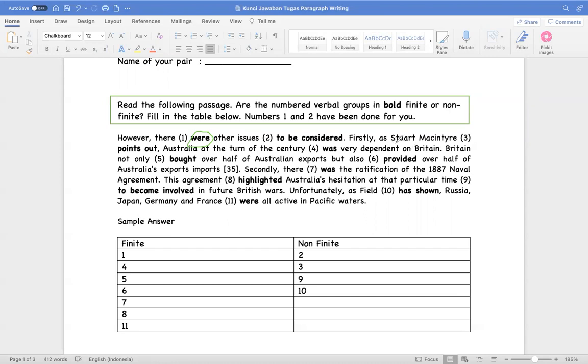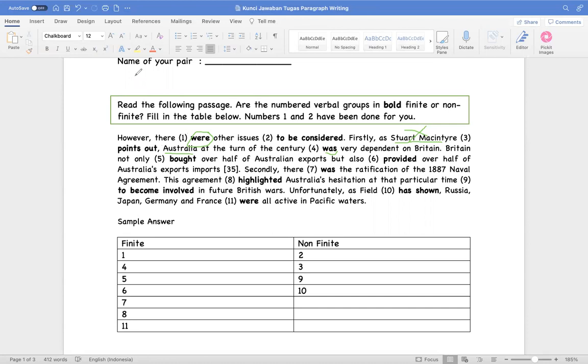The subject is not Stuart McIntyre. No, this is not the subject. But the subject is Australia. So the finite one is was, whereas Stuart McIntyre points out here is included as non-finite.